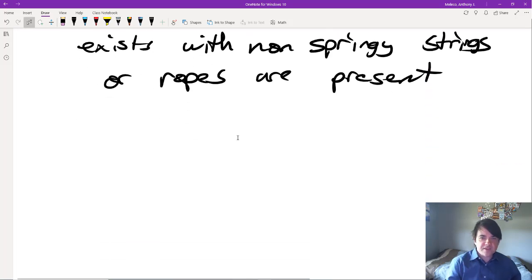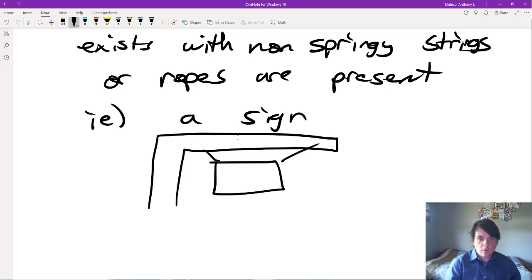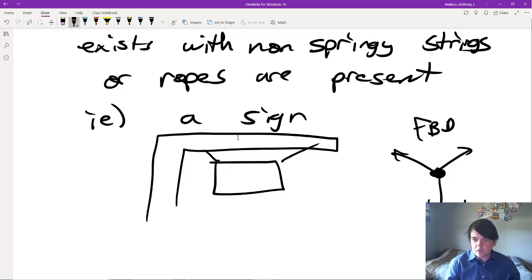For example, a sign. Here's the sign, maybe it looks like this. Your FBD for this, you have 2 ropes right there and there. It would just go like this. And of course you'd have gravity as well. So it would look like that.